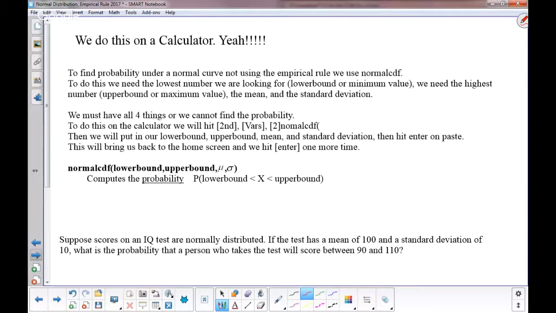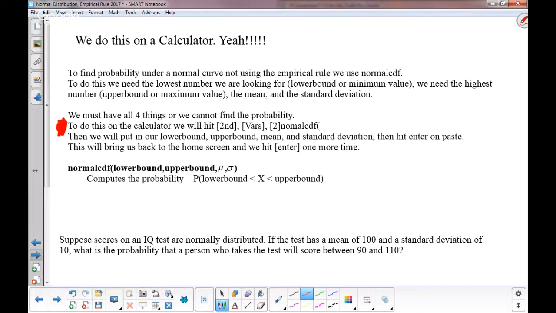Now, I give you the keystrokes right here. To do this on a calculator, we are going to hit 2nd, VARS, number 2. It says normalcdf. You'll see there's two normals, normalpdf and normalcdf. We want normalcdf, number 2. Then we put in our lower bound, upper bound, mean and standard deviation, and hit enter on Paste.